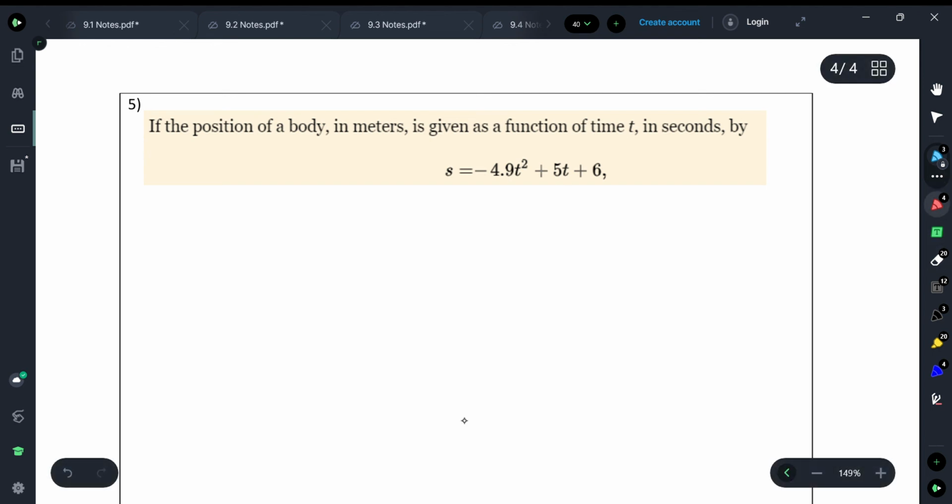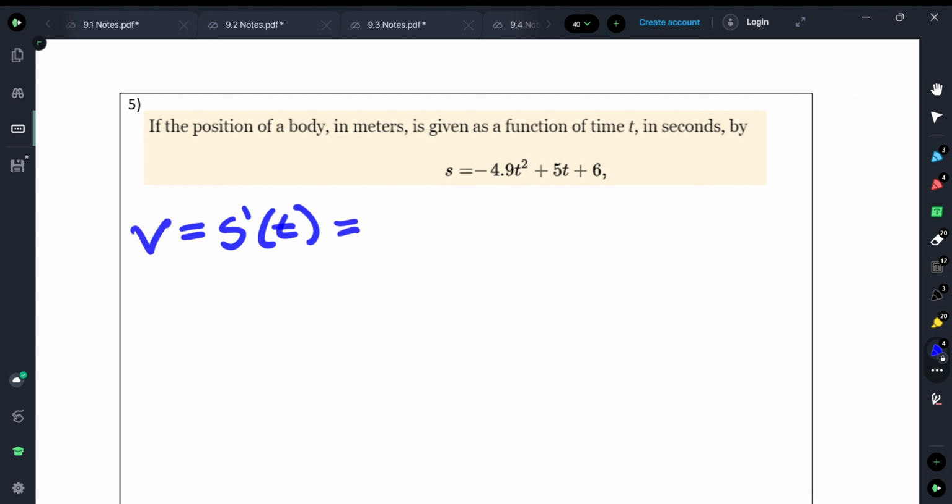So let's go here and find velocity, which is literally the first derivative of position. Excuse me. Back up. Velocity. So we just take the first derivative. We bring that 2 down.